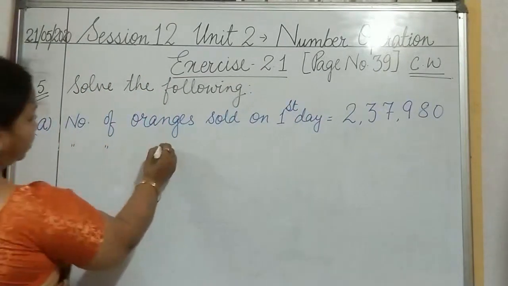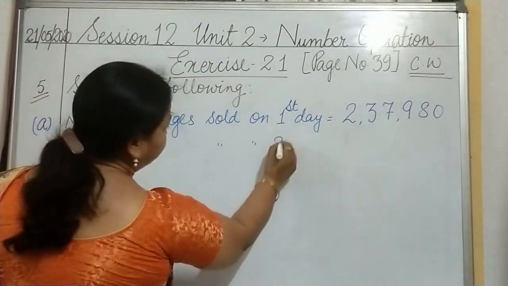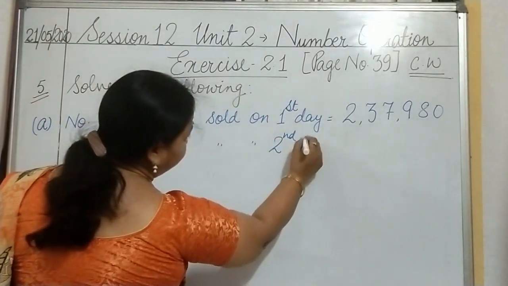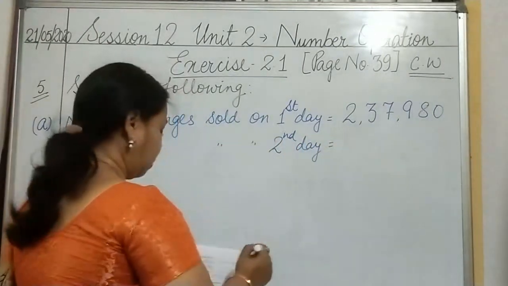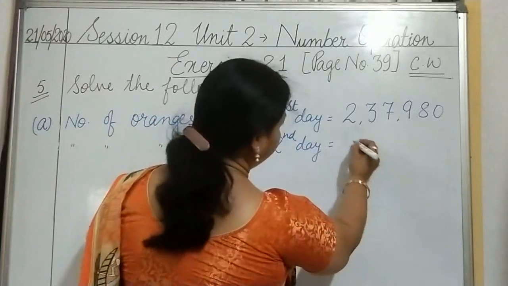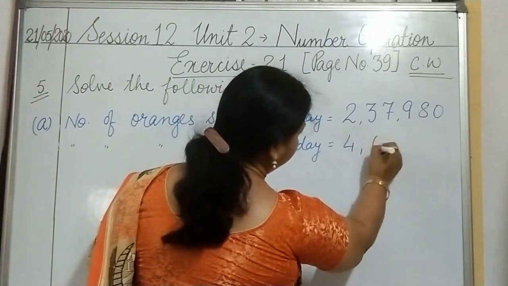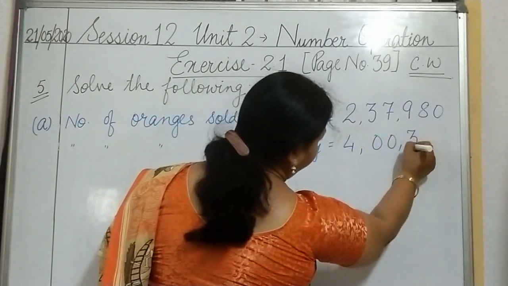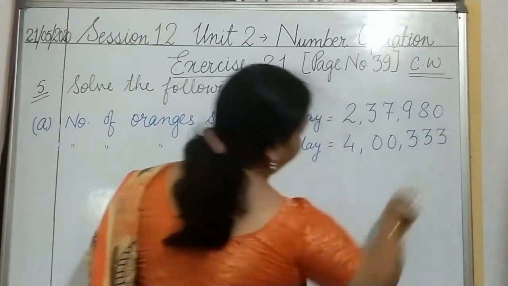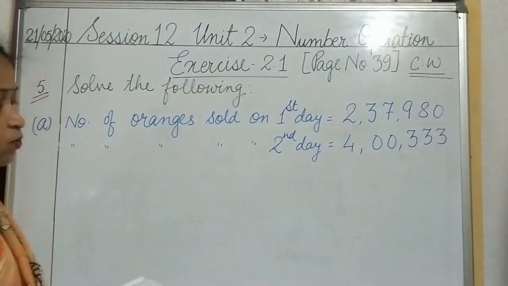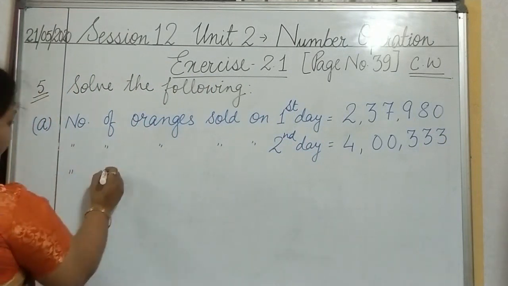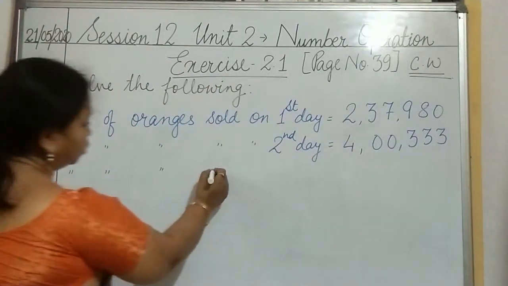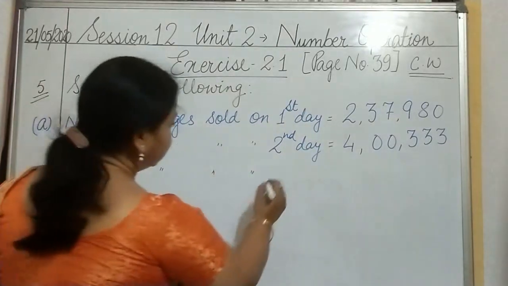Number of oranges sold on second day. And the digits given are 4, 00 and 333. When we read it out, we will read it as 4,333.